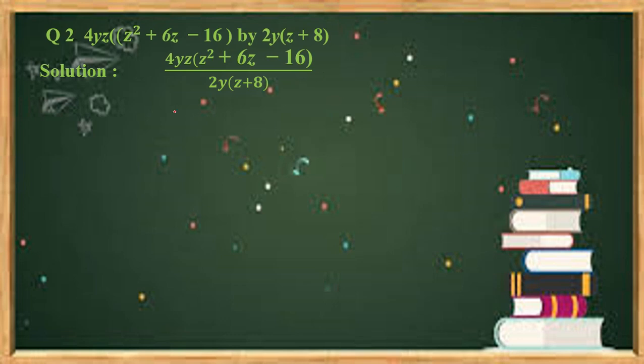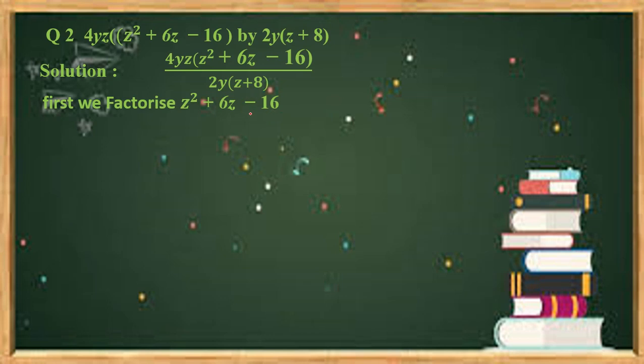So first, z square plus 6z minus 16. We factorize this again using the split of the middle term. The middle term is 6, so we need two numbers whose addition is 6 and whose product is minus 16. Remember, in front of the 16 there is a minus sign, so the product of the two numbers must be minus 16.